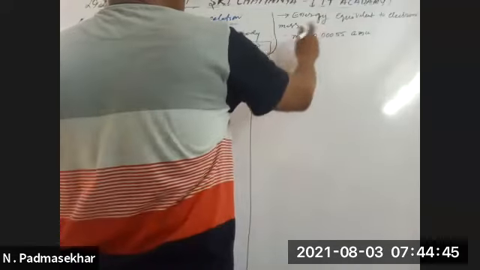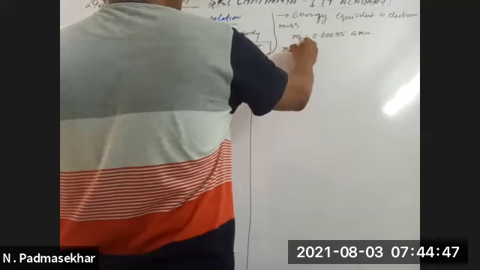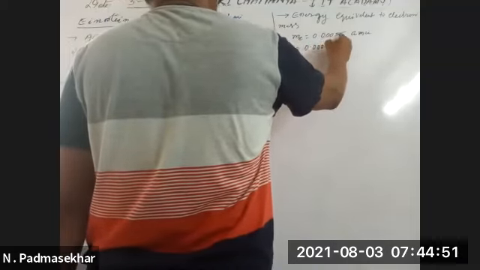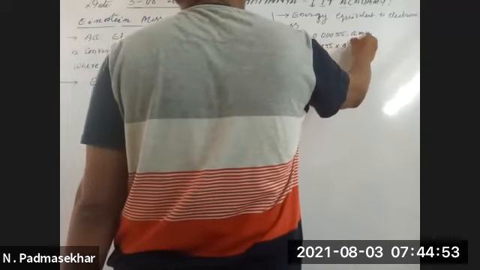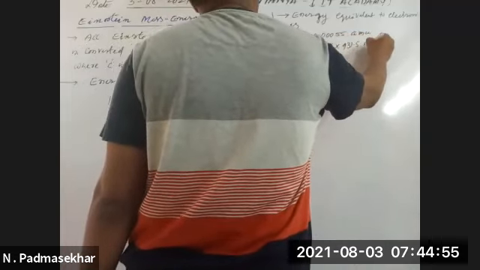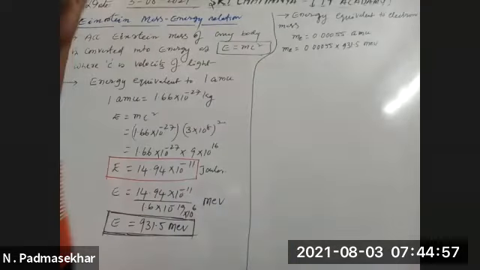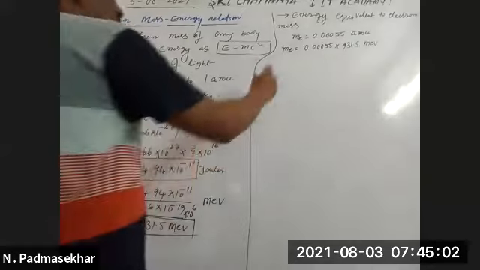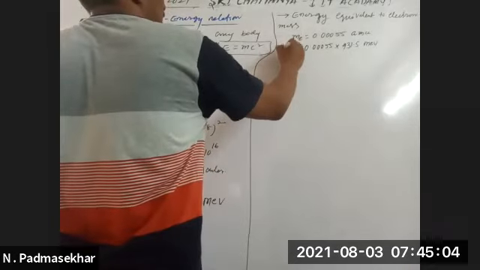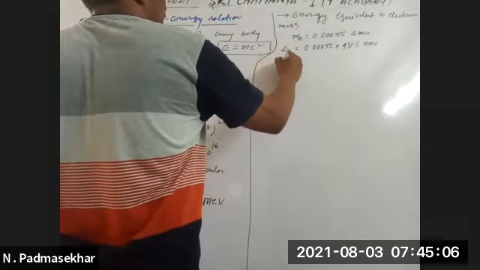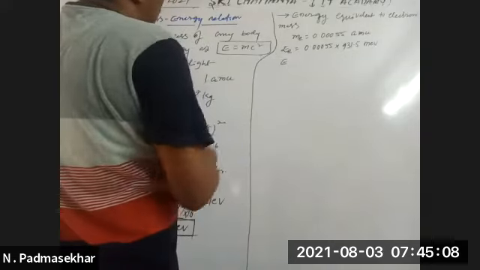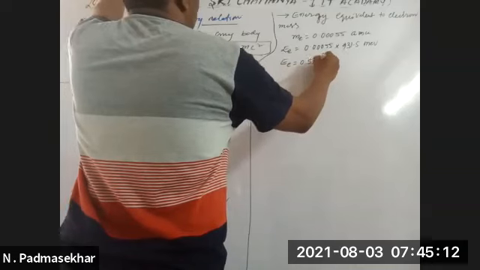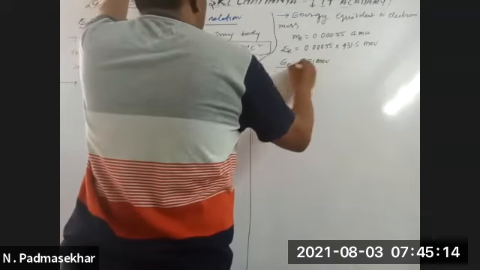So in AMU, the mass of the electron is 0.00055 into 931.5, so directly it will come in MeV. This is the energy of the electron according to the Einstein mass energy relation: 0.51 million electron volts.